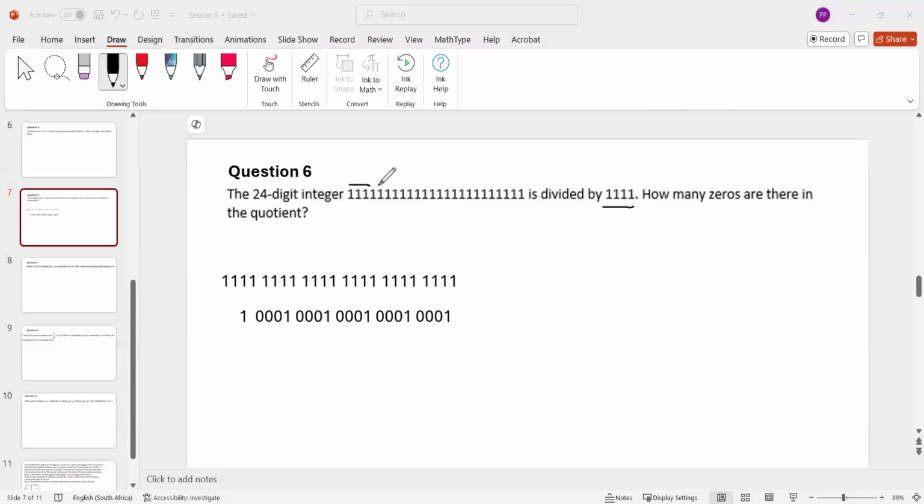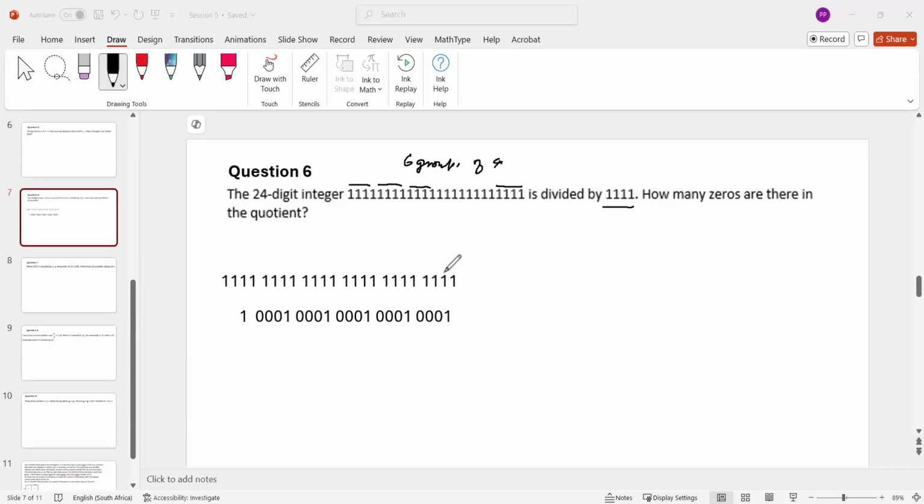There's a 111 here, and the 4 ones, 4 ones. And if there are 24 numbers, we don't even have to count them. It means that there are 6 groups of 4. That's what I've done here. 1, 2, 3, 4, 5, 6.